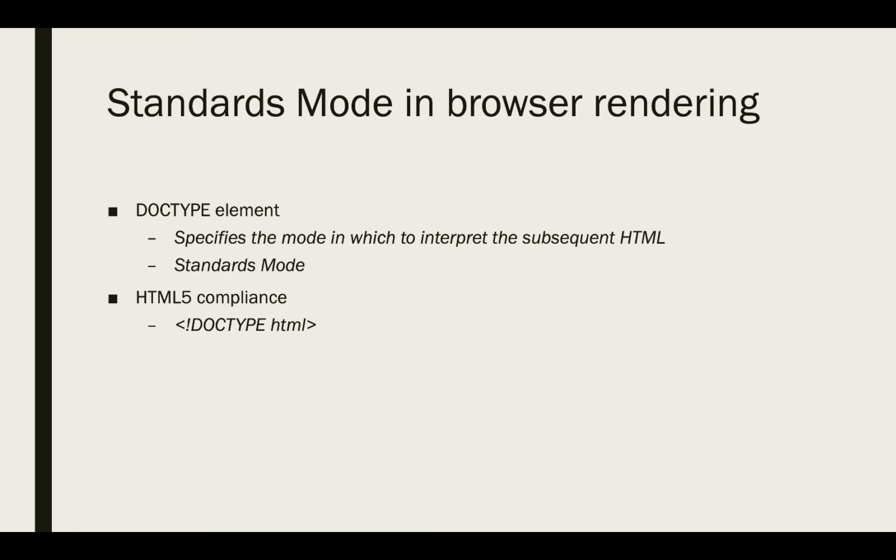For browsers to work within the HTML standard, we have to rely on an element known as the doc type element as the first tag within our HTML page. This doc type element allows us to specify whether our page conforms to the HTML5 standard or whether we are using some non-standard version of HTML.